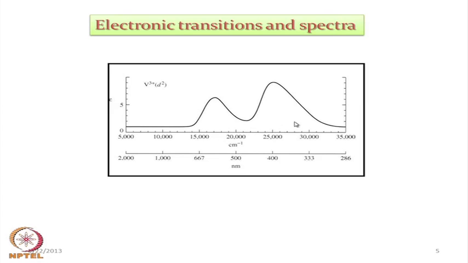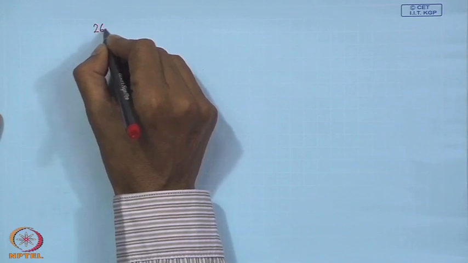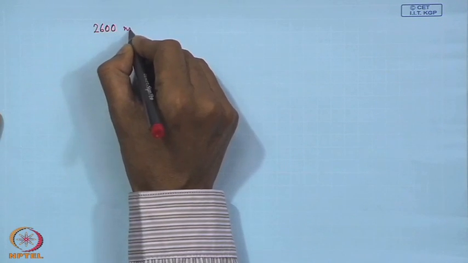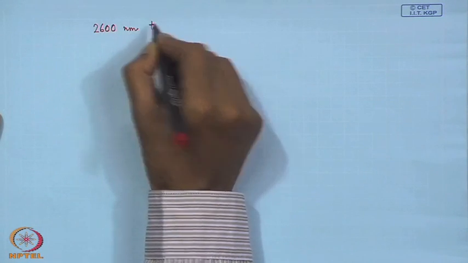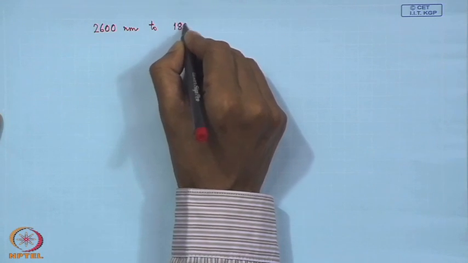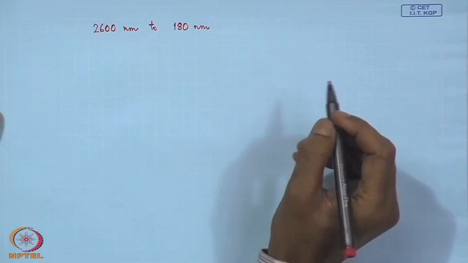If we extend these values to the very low energy side, this particular range we call the NIR region. There are several spectrophotometers available where we can have the corresponding range. Say we can scan the entire range from 2600 nanometer to 180 nanometer.